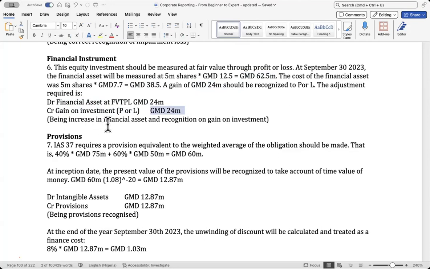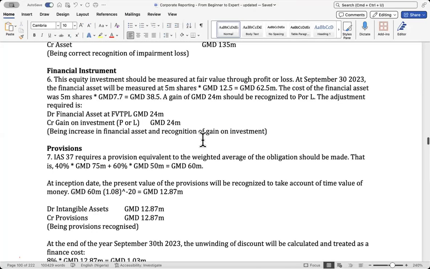So, being increase in financial assets and recognition of gain on investment to P&L. And that's all the corrections that need to be made as far as this one is concerned.